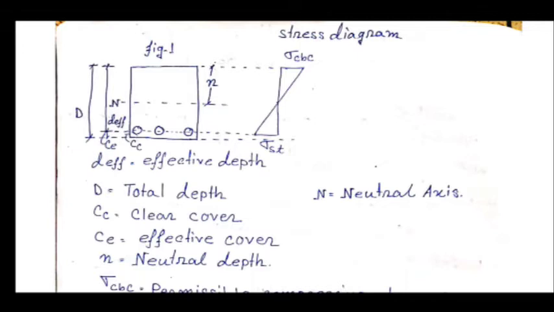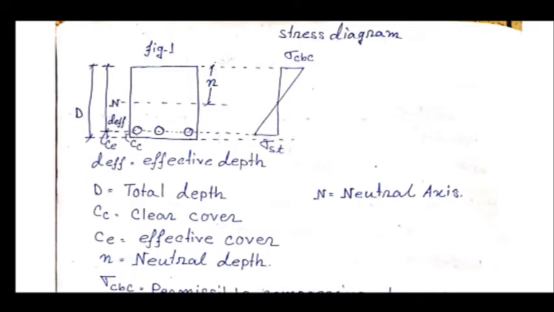You can see 3 circles in the lower portion. These circles are the cross section of reinforcement bars. As I told earlier, tension is completely taken by the steel reinforcement bars as per the assumption.